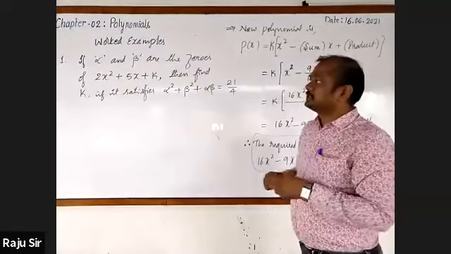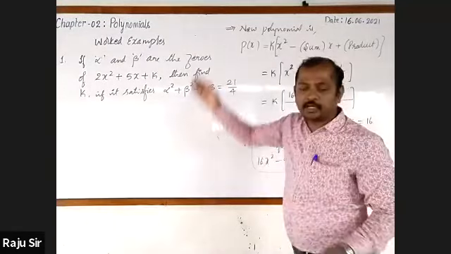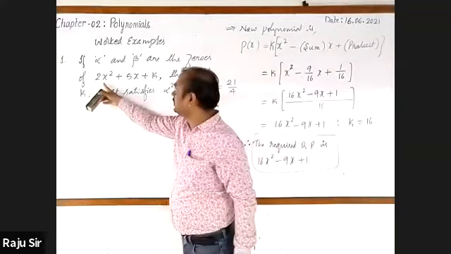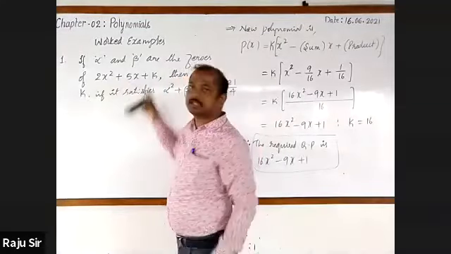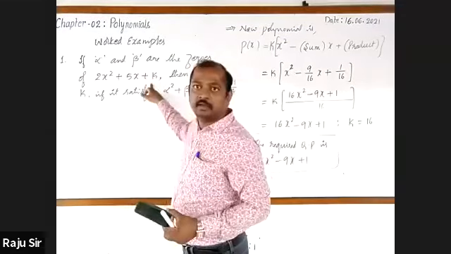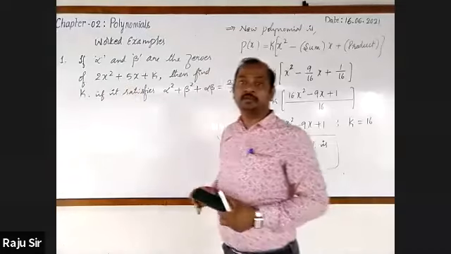The given statement is, here also alpha and beta are the zeros of the polynomial. The given polynomial is 2x square plus 5x plus k. This is the polynomial in x and the unknown term is k. We are going to find the k value.